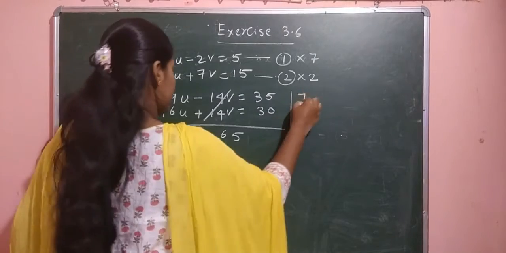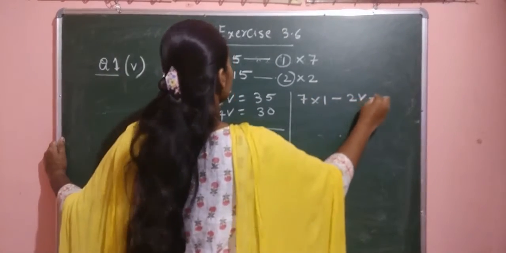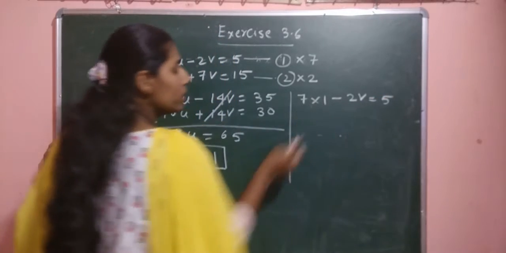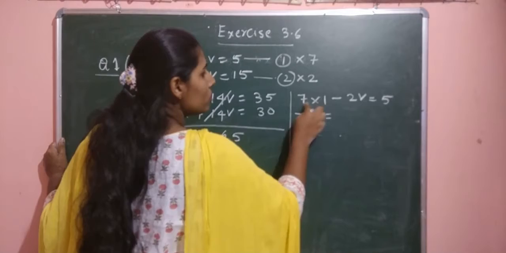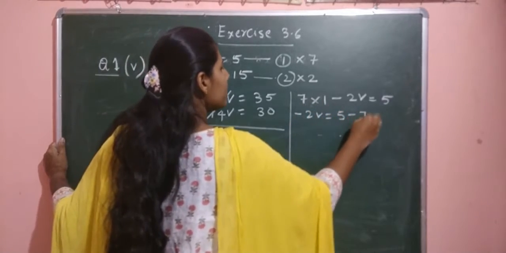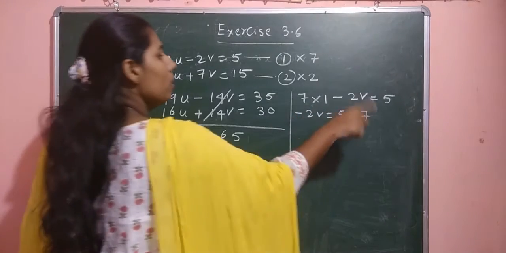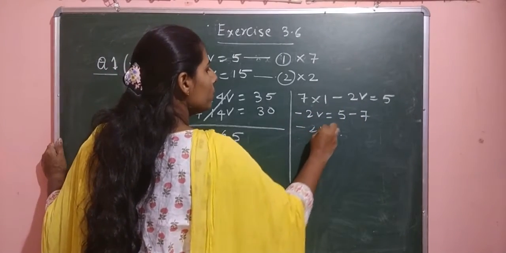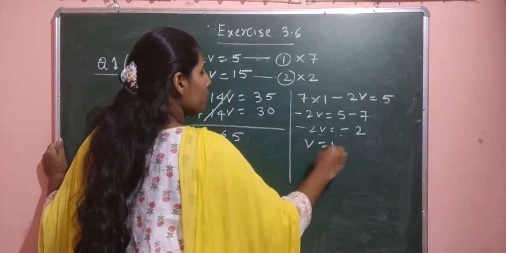So here I will get 7 into 1 minus 2v = 5, so -2v = 5 - 7, which is -2, or v = 1.